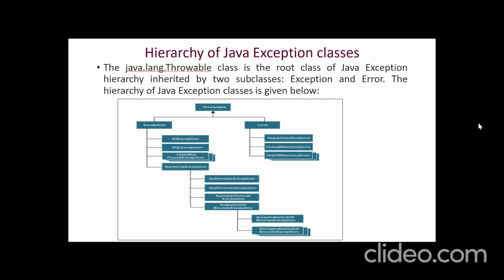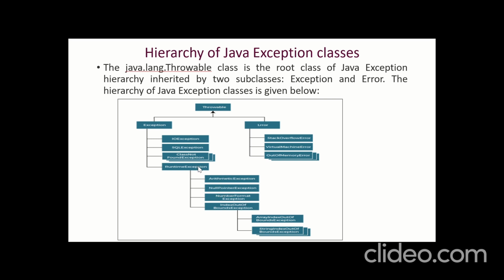As you can see in this slide, we have the hierarchy of Java exception classes, and our root class is java.lang.Throwable, which has two subclasses, Exception and Error. Inside Exception, we have IOException, SQLException, ClassNotFoundException, and RuntimeException. The first three come in the checked category, and RuntimeException comes in the unchecked category, but ArithmeticException, NullPointerException, and NumberFormatException are inherited from the RuntimeException class.